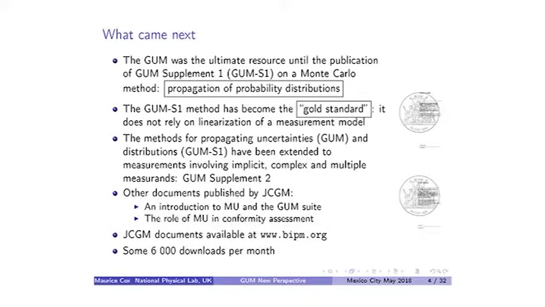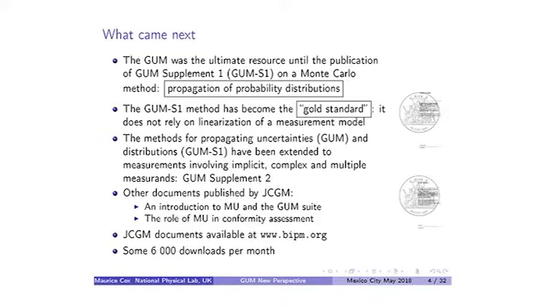Since then, in 2011 in fact, GUM Supplement 1 was extended. It was extended to cover implicit models, not Y as a function of X, but some function of X and Y equal to 0, for instance. It also extended to cover complex models, so our electrical engineering friends, it could cover electrical measurement, which involves a lot of complex quantities.